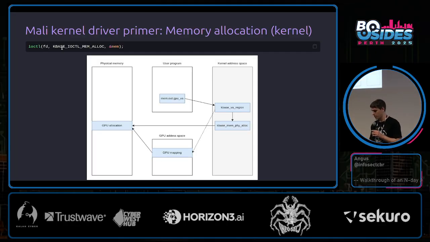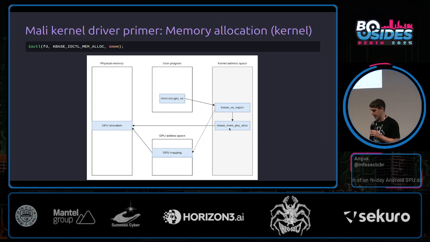So when we call the mem_alloc ioctl, what's happening under the hood? It's going to allocate some actual physical memory for the GPU, and it's going to set up a GPU mapping in the GPU's virtual address space. It's also going to create a kbase VA region struct, which is used to keep track of GPU virtual addresses.